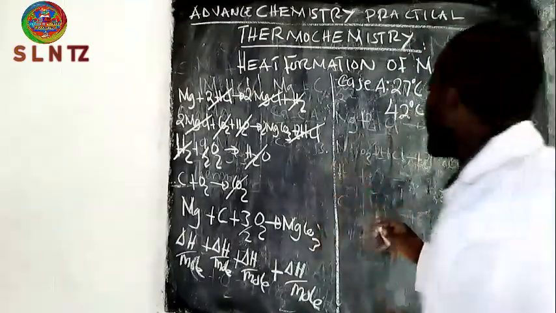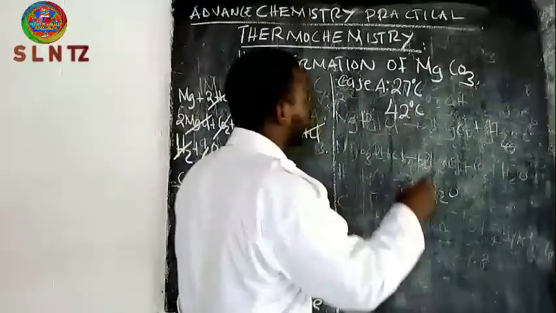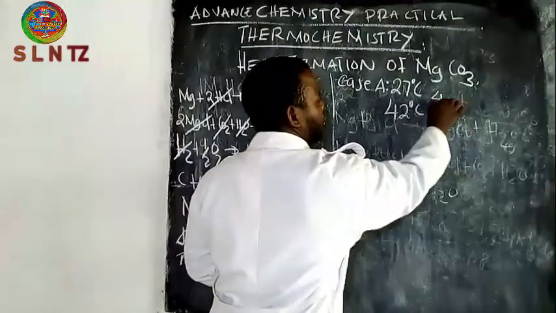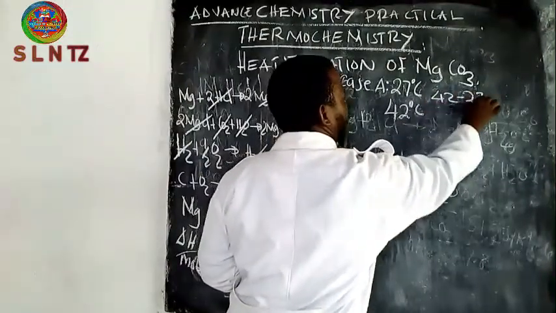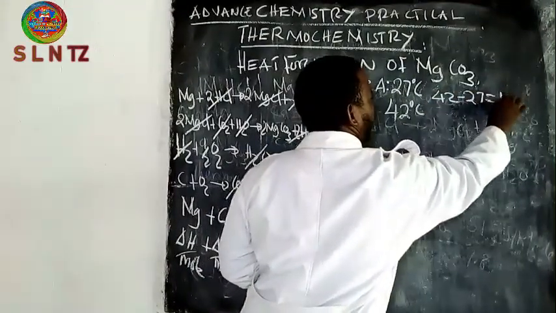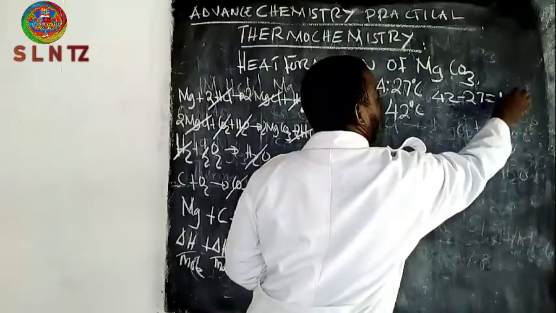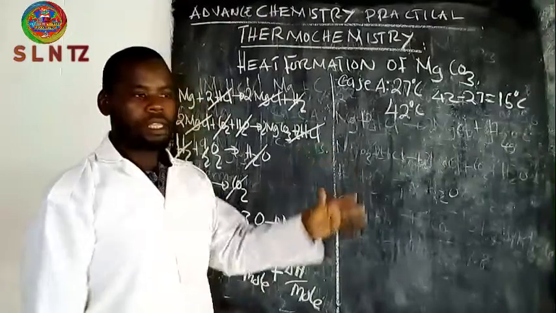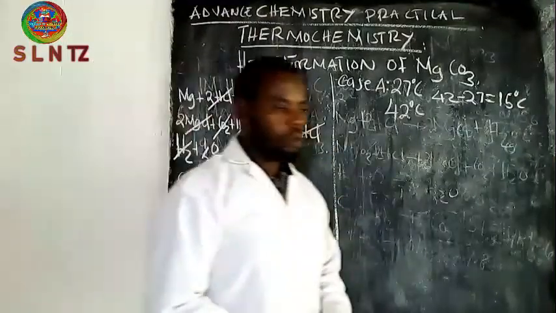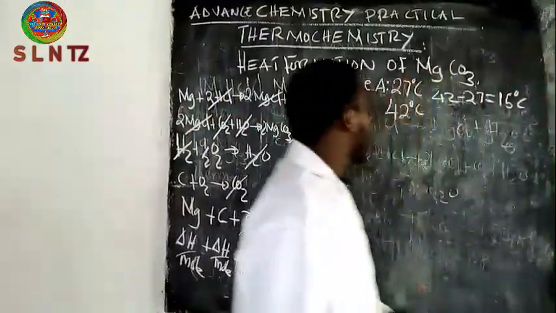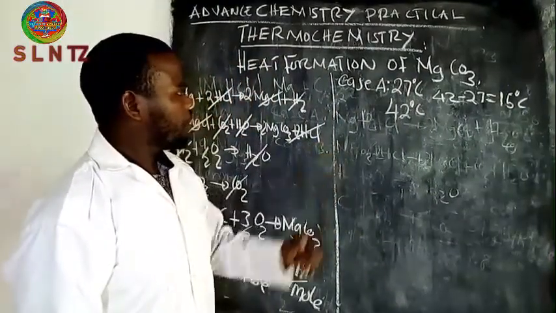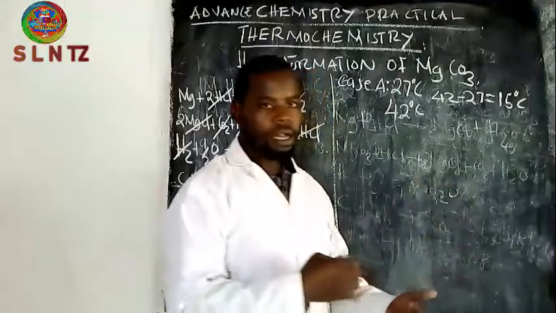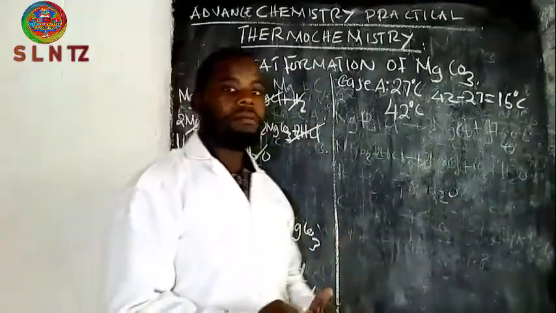So the temperature change means this minus 27, which is equal to 15. That is case 1. Case 2, before calculating the molar heat, we perform case 2.